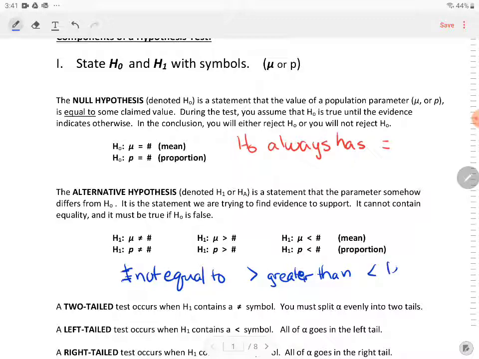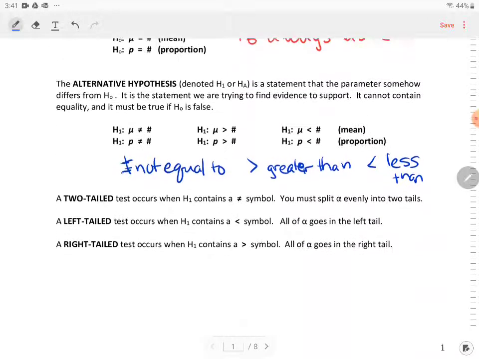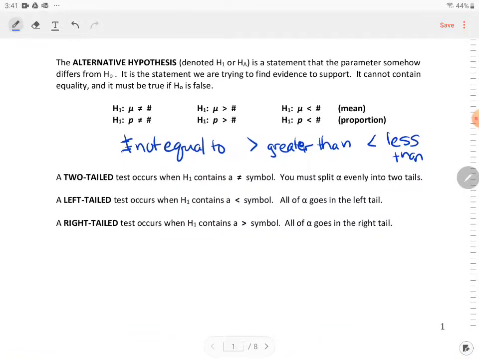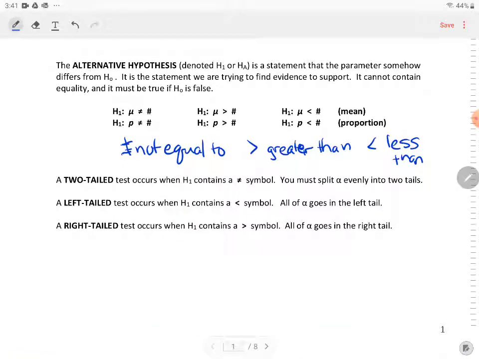And this symbol is less than. So we have one-tail and two-tail tests. A two-tailed test occurs with a not equal to symbol. Left tail is less than, and a right tail is greater than. So that means the alpha is either going to be in the two tails, left tail, or right tail. So each time we are going to draw a picture.